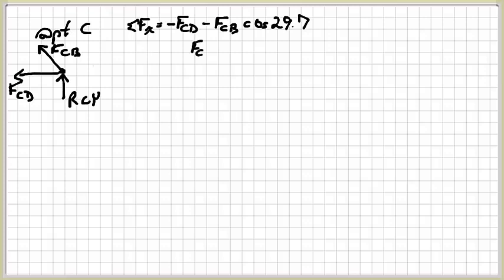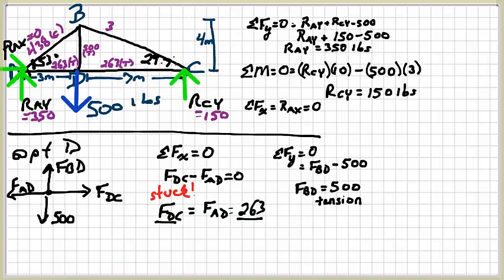Force CB is going to equal FCD divided by the cosine of 29.7. Typing that in, I'm going to get a negative 302.7 pounds. Just like before, I'm going to write that into my truss. It came out to be negative, so it's also in compression.